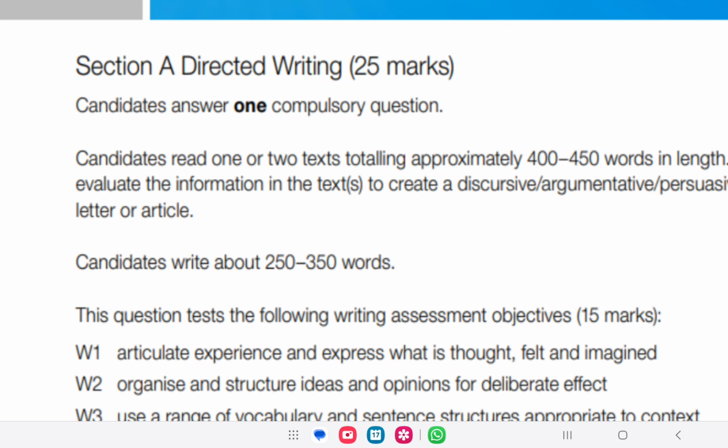Now sometimes students when they pronounce this, they say directive. No, you must be clear about it. This is not directive, this is directed. And basic purpose of directed writing task is that you need to follow the instruction. You have to follow the command, the instructions or directions given in your question.